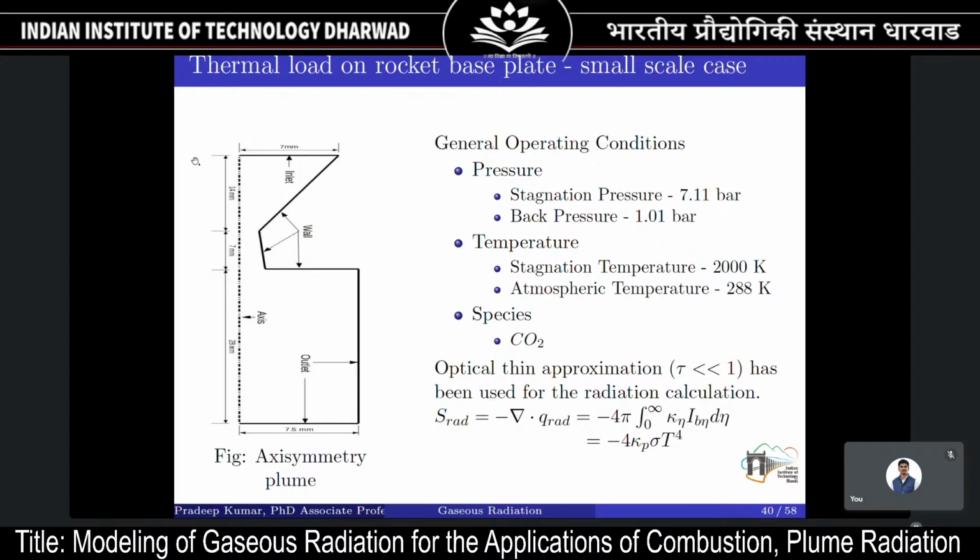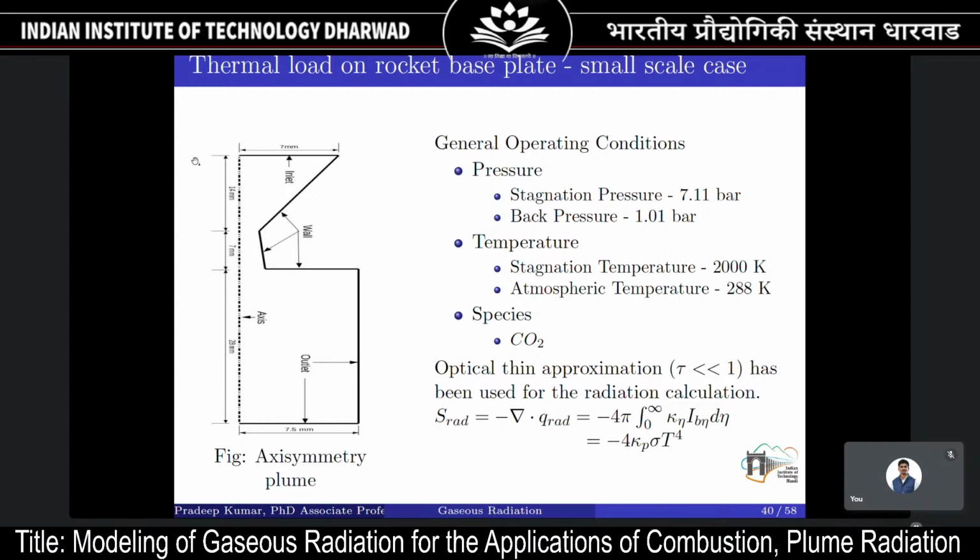It is a very theoretical problem. Look at the dimensions: they are quite small. The throat is 1.98 mm in diameter, and the length is also very small. So this clearly falls in the optically thin approximation, where absorption does not happen and we are only looking at emission.